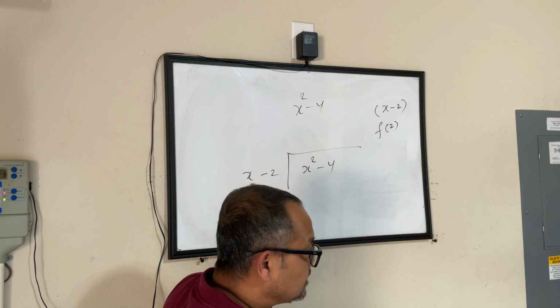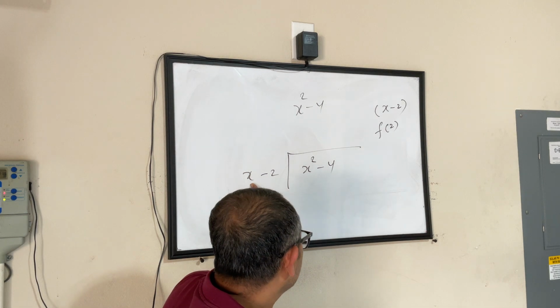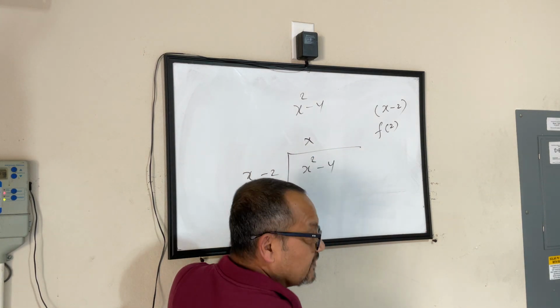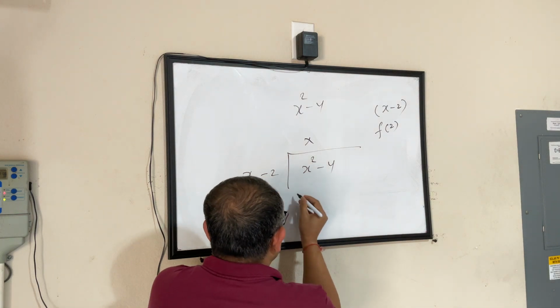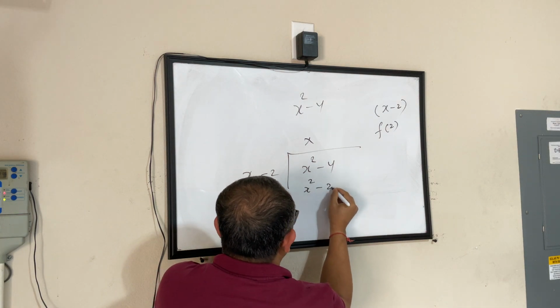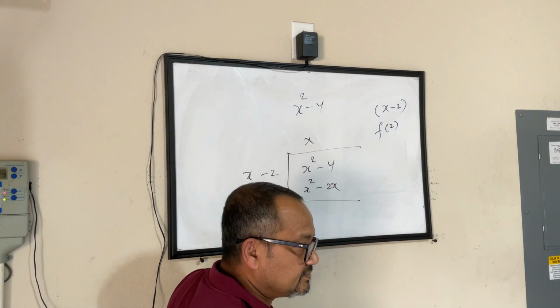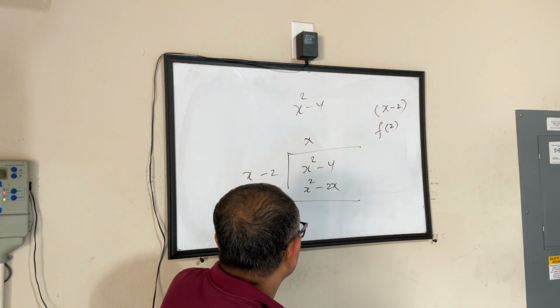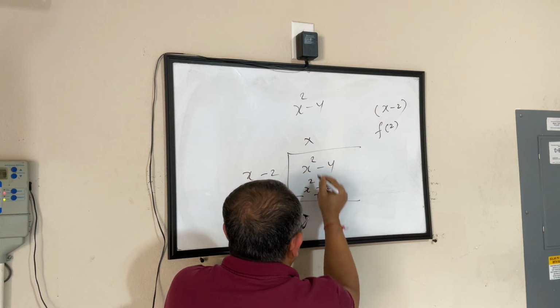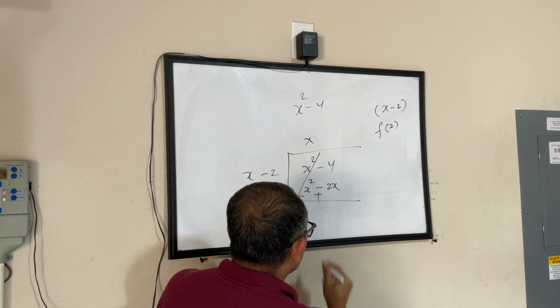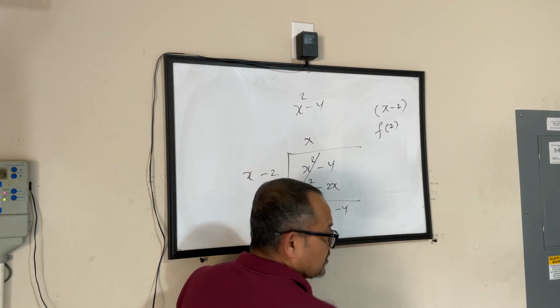So first thing I have to do is multiply this with x. x becomes my first factor, and that gives me x squared minus 2x. These two get knocked off, and what I'm left with is 2x minus 4.